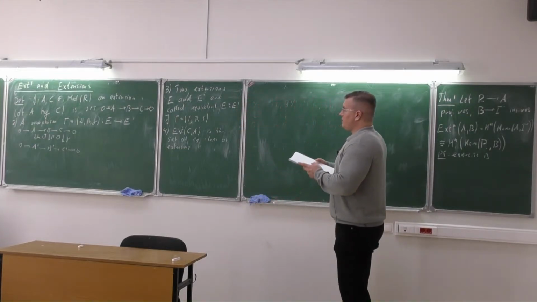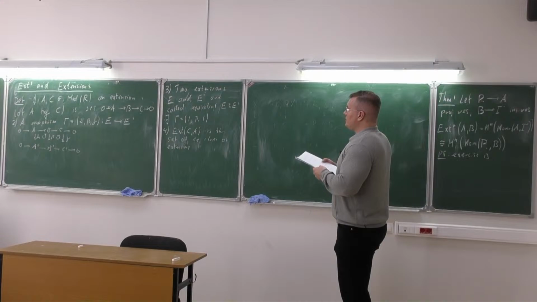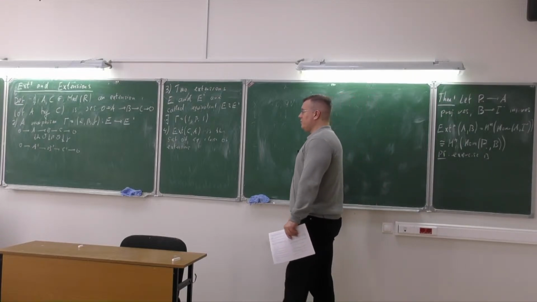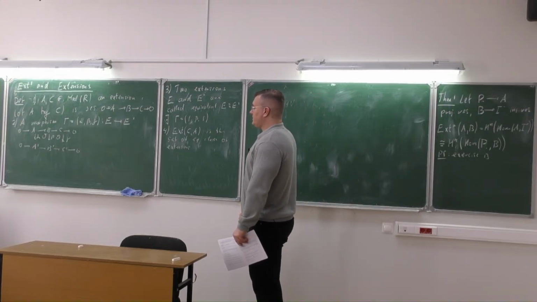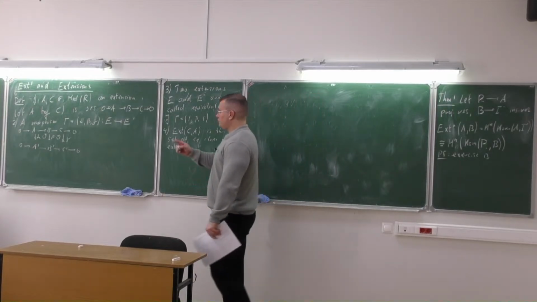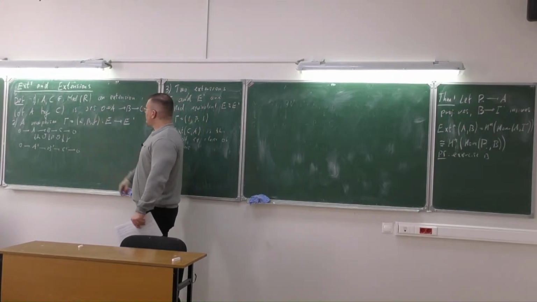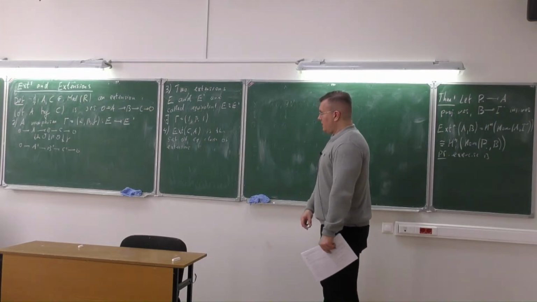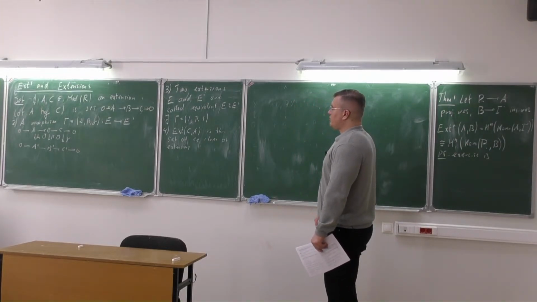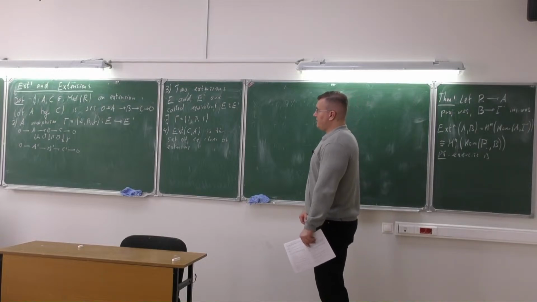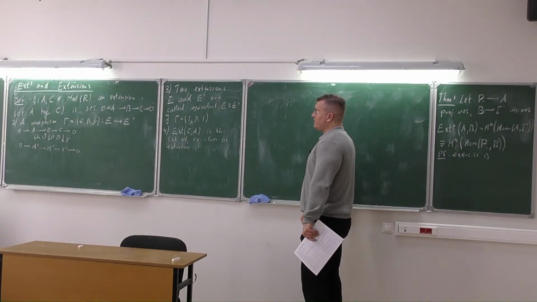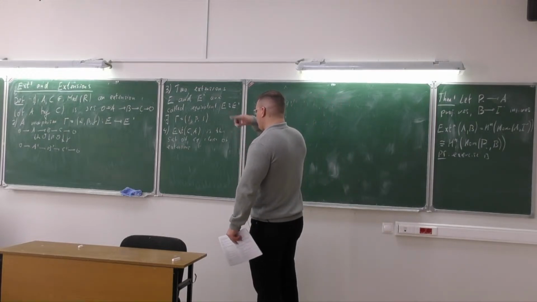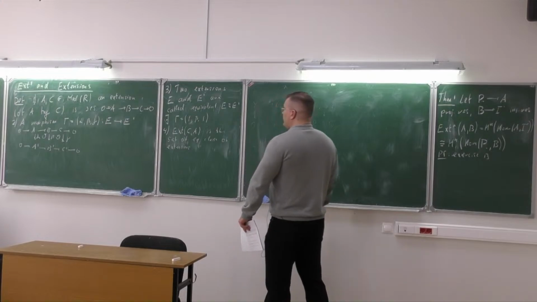So that would be an interpretation, at least for the Ext1. But if you work a little bit harder, you can get the same interpretation for Ext with any index. For the Ext2, for example, you need to consider 4-term complexes, and you can still define the addition on those complexes and show that the equivalence classes of such complexes, as an abelian group, is equivalent to the Ext2. But if you get the idea for the Ext1, the generalization, I think, is not that hard. It's just technical work.